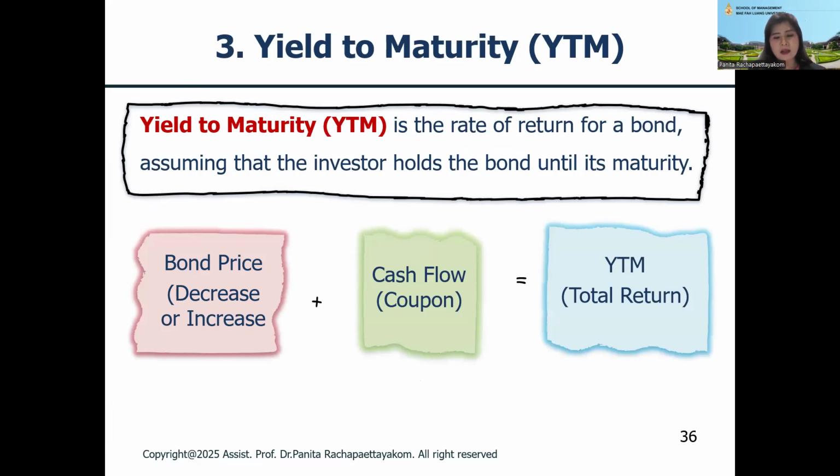As I mentioned in the previous slide, the current yield measures the return of the bond only from the cash inflow, the coupon. But the yield to maturity measures the return of a bond from both the cash inflow, as coupon, and the price of the bond over the life of that bond.